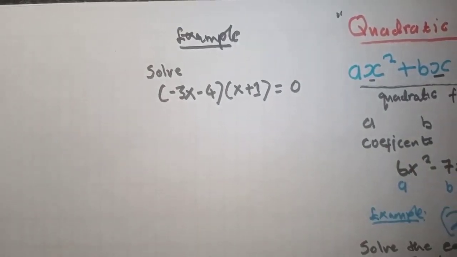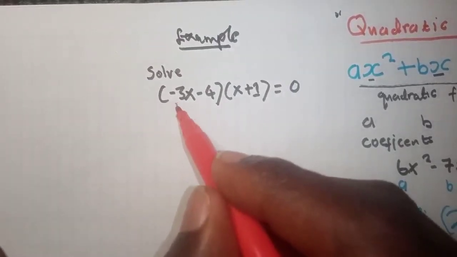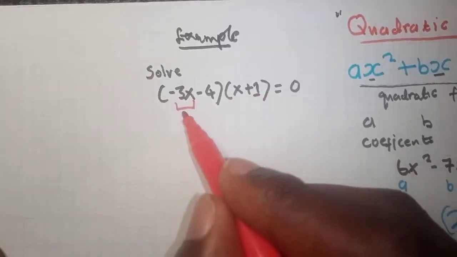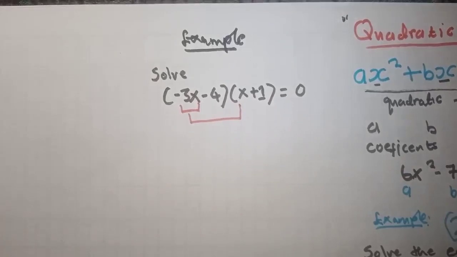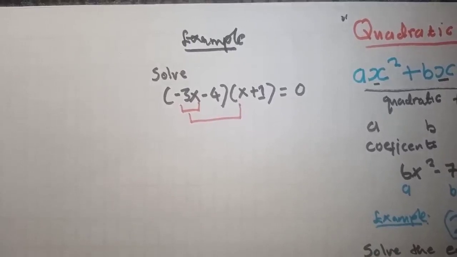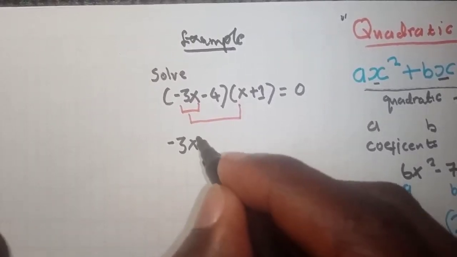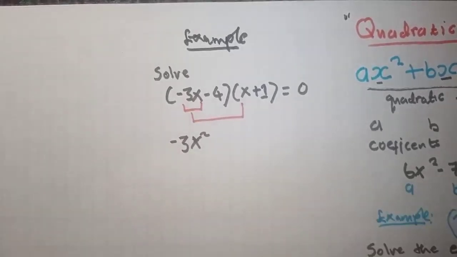We multiply these numbers with these numbers, so this negative 3x multiplies with everything. So negative 3x times x is simply negative 3x squared.